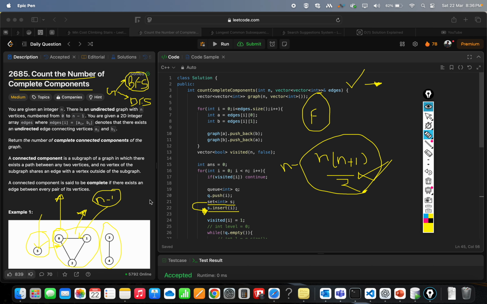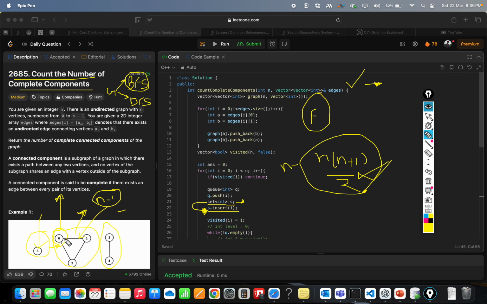I am doing the first approach. I hope you understand this approach. We will iterate through every component one by one, put the nodes of that component inside the set, and again iterate through every node inside the set, that means every node inside the component.